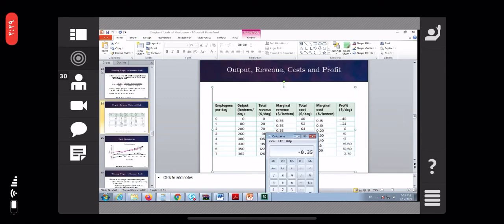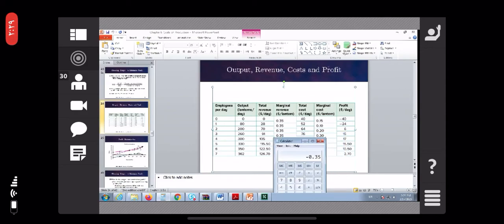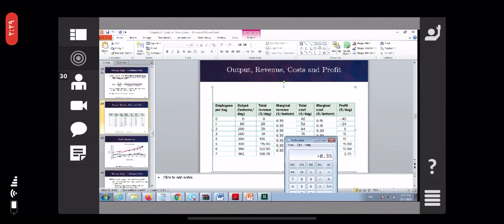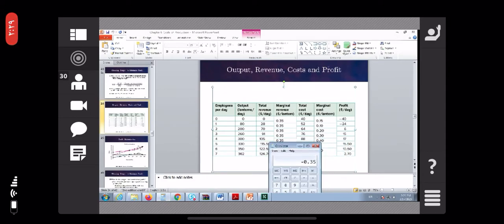The marginal revenue here is 35. The marginal cost is 20. Should I continue producing? Yes, since this is larger than this. Here it's 35, here it's 30. Still revenue is larger than cost.